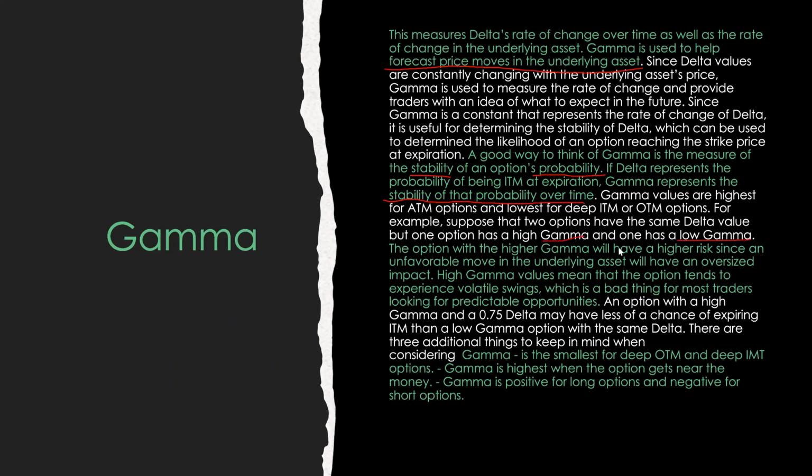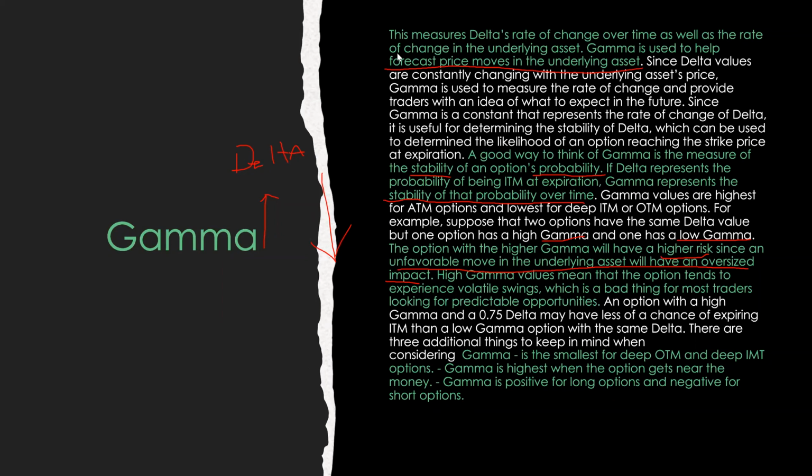The option with the higher gamma will have a higher risk, since an unfavorable move in the underlying asset will have an oversized impact, because the higher the gamma, the more volatility and the more unstable the delta is. The lower the gamma, the more stable the delta is, the less volatility.